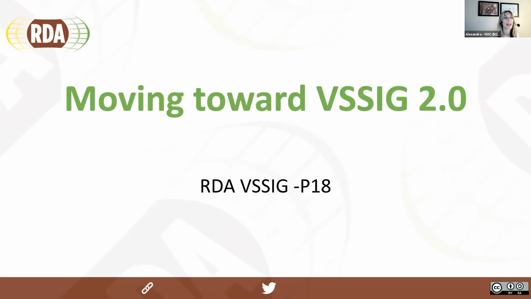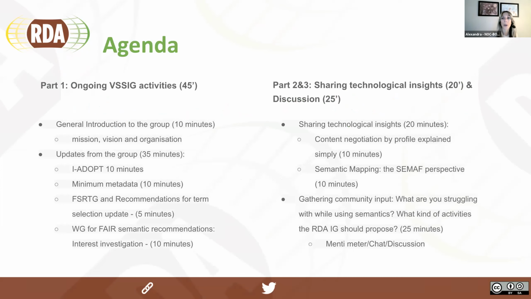Our session is titled Moving Towards VSSIG 2. Today's agenda is split in three parts. Part one is introducing the group and its updated vision and mission, which you can edit and comment at the end of the collaborative notes that I will share on the chat in a bit.